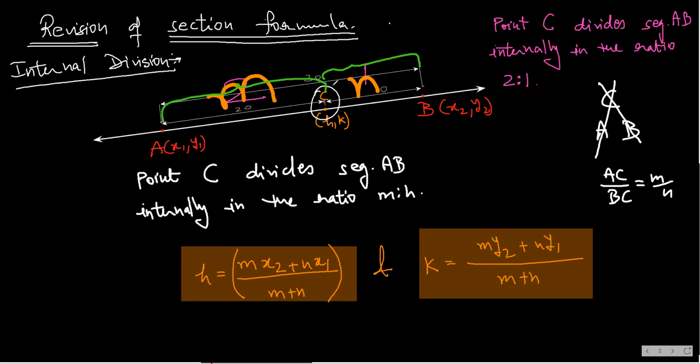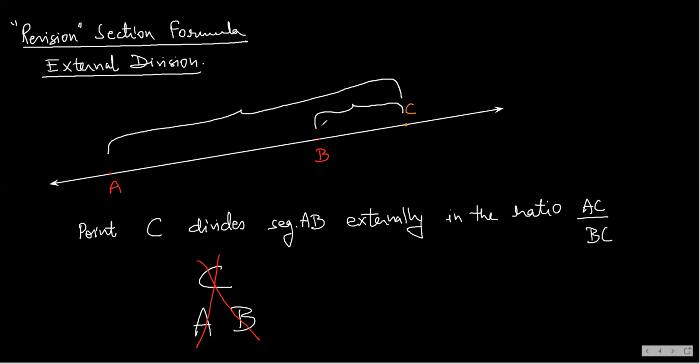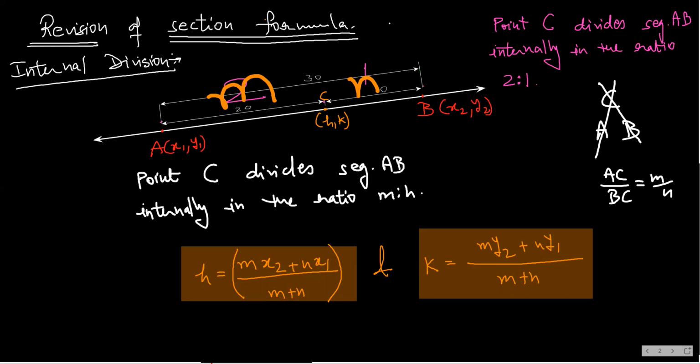Where AC ends, BC starts from there. But that is not the case here. Here, BC is within AC. C is dividing externally. So these are the small changes that you need to understand.